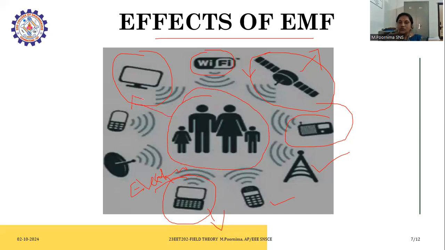Because of this electromagnetic effect, humans can get affected and get more diseases. These are the main effects of this electromagnetic field.